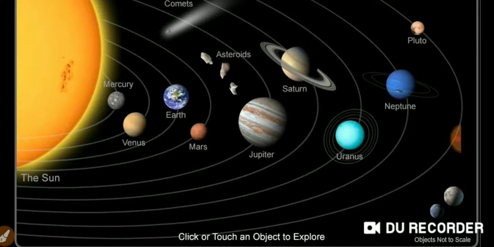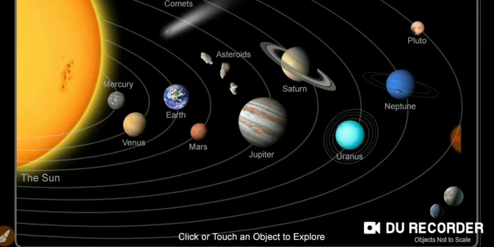Next planet is Saturn. Saturn is the second largest planet, and it has a large satellite called Titan, and Titan is the second largest satellite after Ganymede. And Saturn has 7 rings. Now next is Uranus.